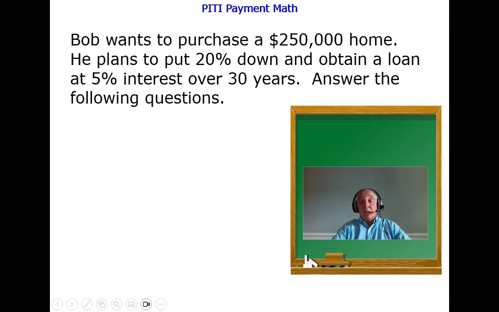Amortization is a schedule that shows you exactly how much principal and how much interest you're going to pay throughout the life of the loan. The loan is 30 years. That's 360 payments. That means every time you make a payment, part of your payment goes to principal, and part goes to interest.